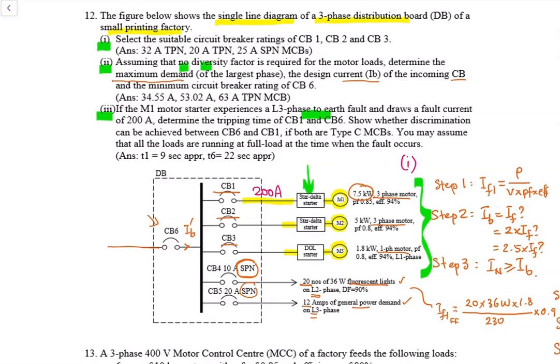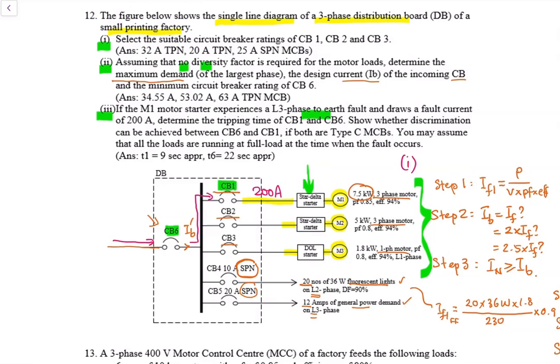Now, where does the current come from? The current comes from here, flows through here, this bus bar, and goes here. In other words, CB1 and CB6 will see this high current. So we are asked to determine whether there is proper discrimination between these two circuit breakers.